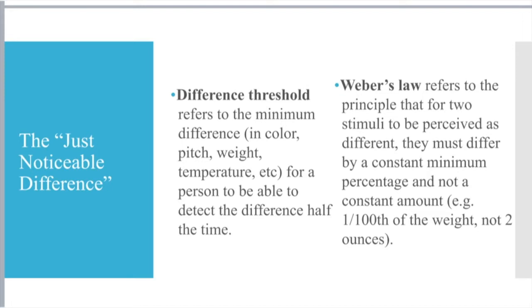Weber's law refers to the principle that for two stimuli to be perceived as different, they must differ by a constant minimum percentage and not a constant amount. You don't really need to know the intricate ideas behind this, and you don't need to be able to calculate it, but understand that from individual to individual, being able to perceive a difference is always going to be a difference by a constant percentage.